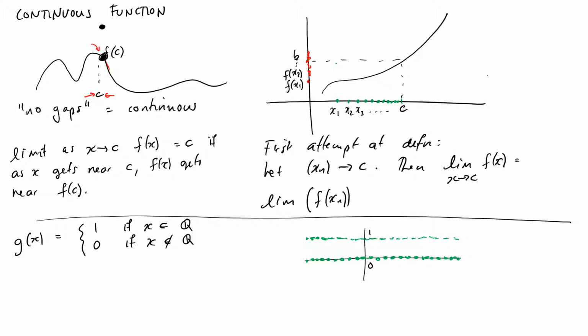Okay, so I'm going to try and see where my limit definition is going to break down. So I'm going to choose a sequence of x values that converges, let's say, to a half, and I'll call this sequence xn. It converges to a half, and I'll also make it so that xn is rational.